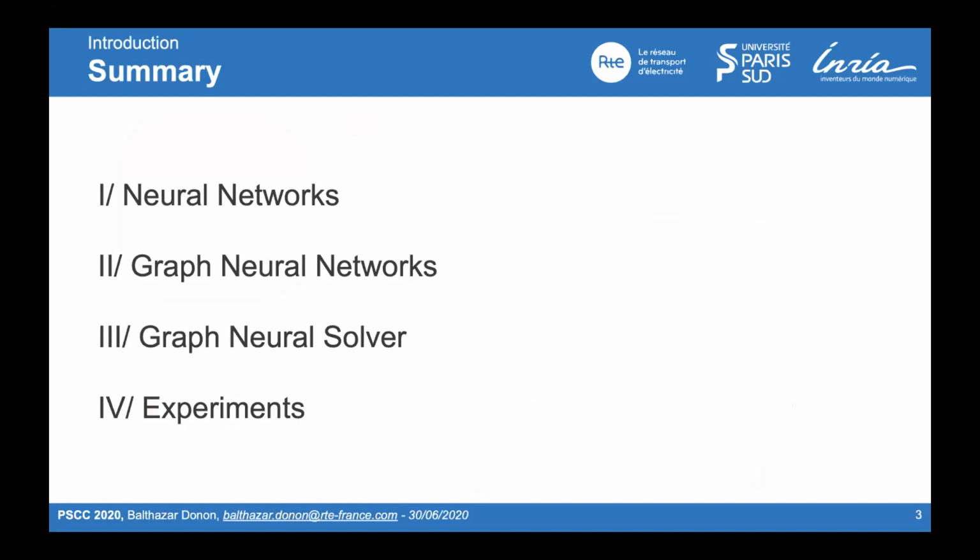Because we will need some of the basic equations to really understand the following. Then I will talk about graph neural networks, which are a quite novel approach to neural networks, and they are perfectly designed for data that have a graphical structure, which is indeed the case in power systems. Then I will introduce our main contribution, which we called graph neural solver. And finally, I will say a few words about the experiments that we conducted.